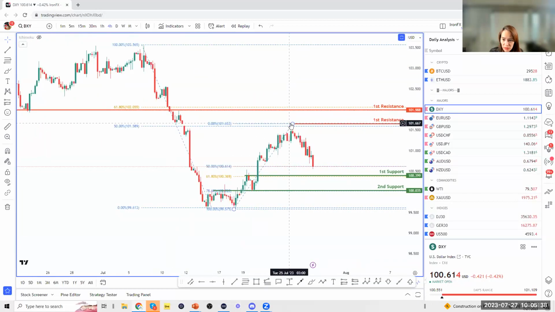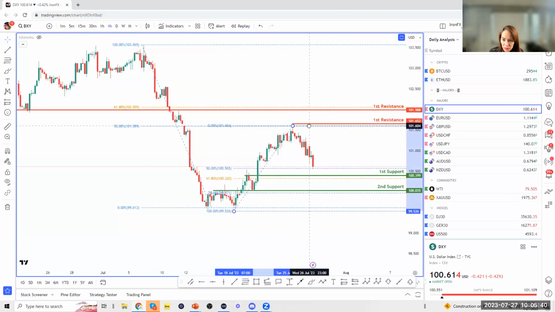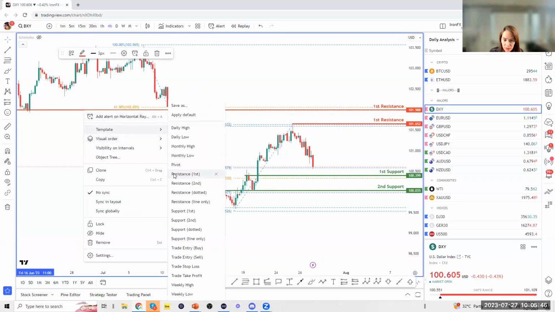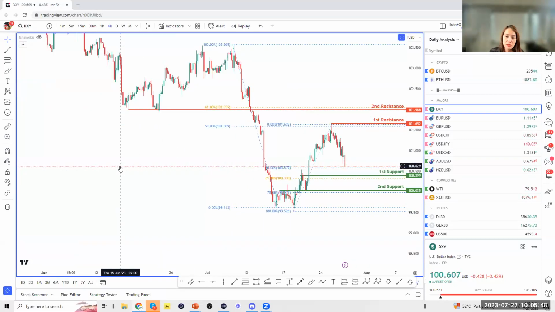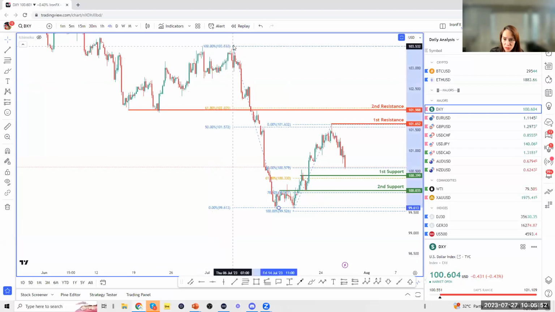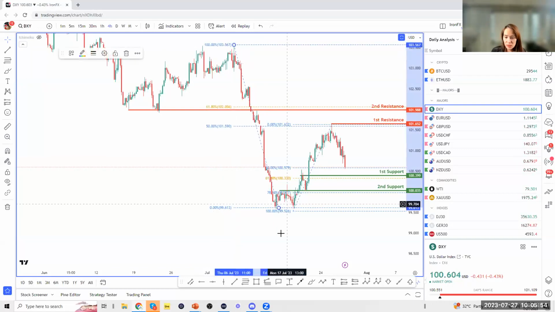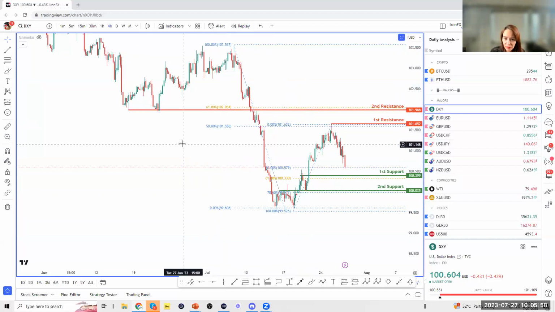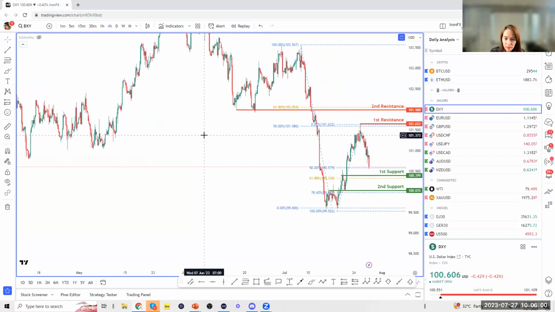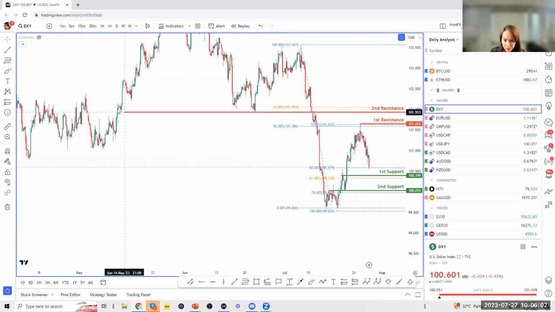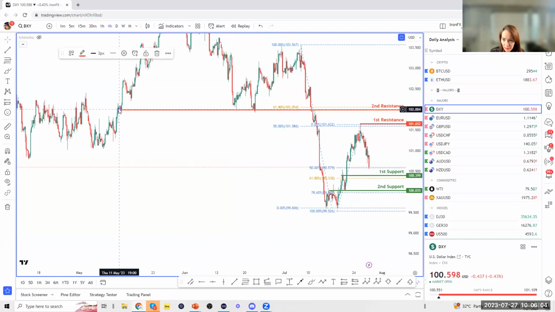So I put this as my first resistance here, and this is my second resistance, which should line up with the 61.8% Fibonacci, which I draw from this swing high to this swing low. It lines up very nicely. If you were to zoom out to your left, it's just about this level.